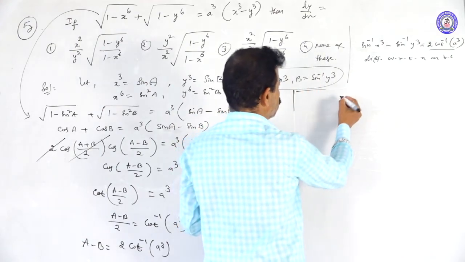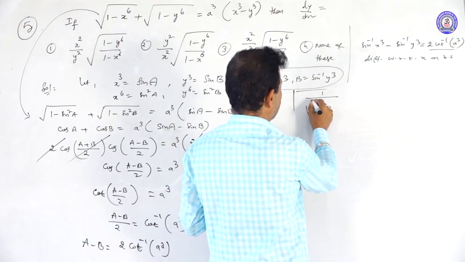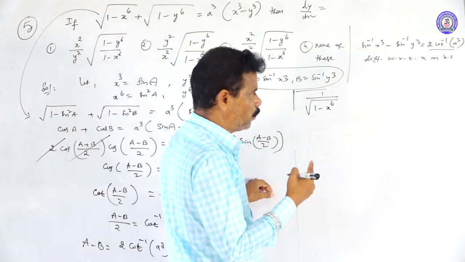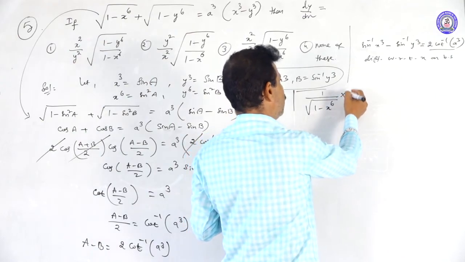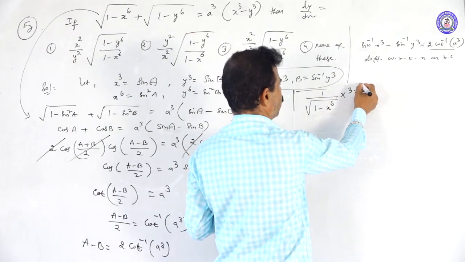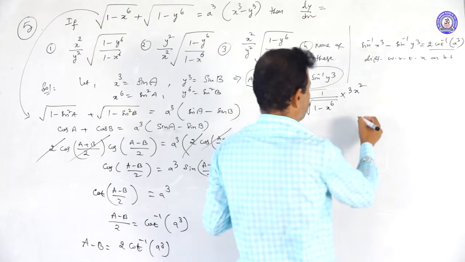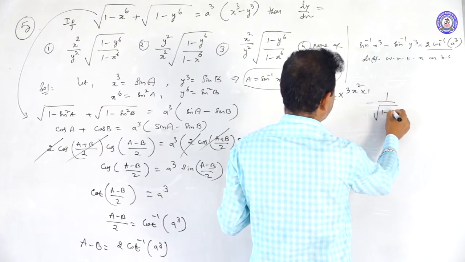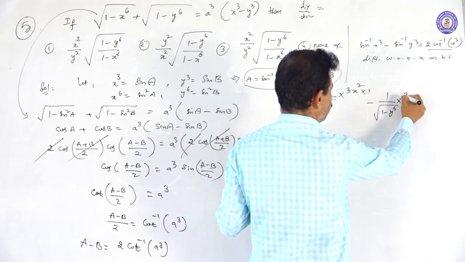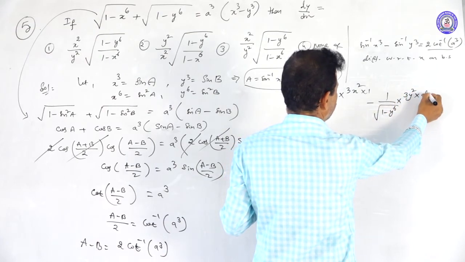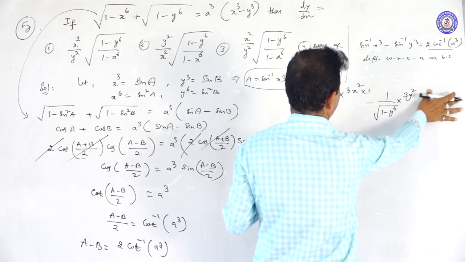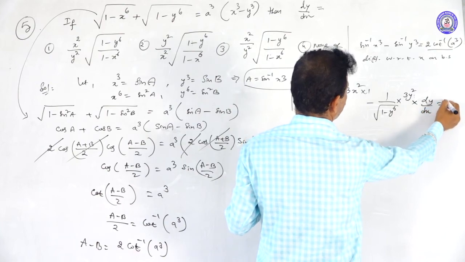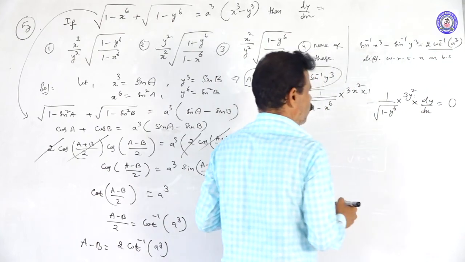Now sin inverse x cube differentiation is 1 by under root of 1 minus x power of 6, and differentiation of x cube is 3x square, x derivative 1. Minus 1 by under root of 1 minus y power of 6, y cube differentiation 3y square, y differentiation into dy by dx is equal to the constant's differentiation, 0.